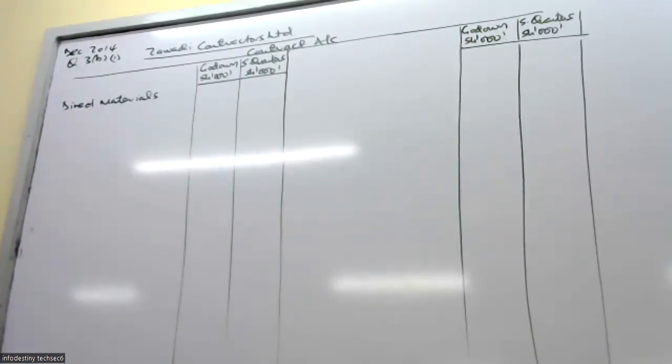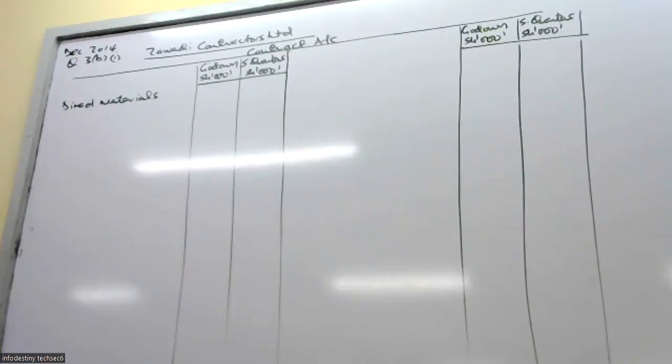Cost of materials. Unapata? Are you getting 97,000 for materials?